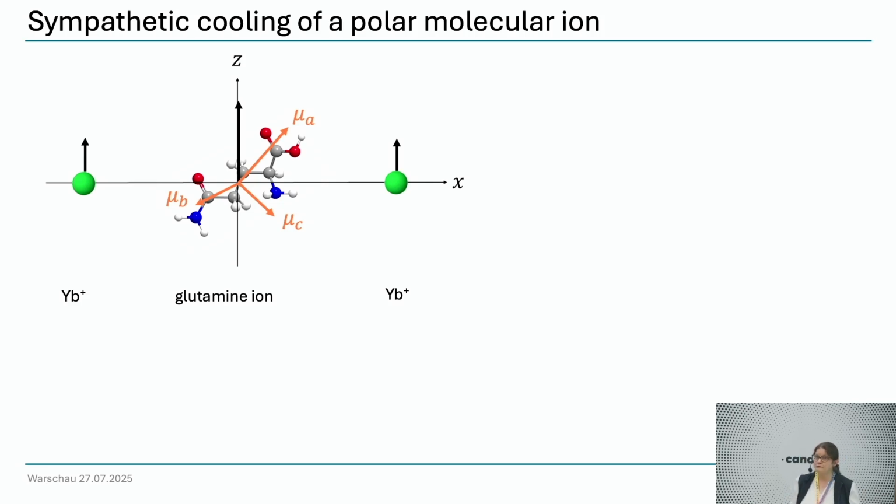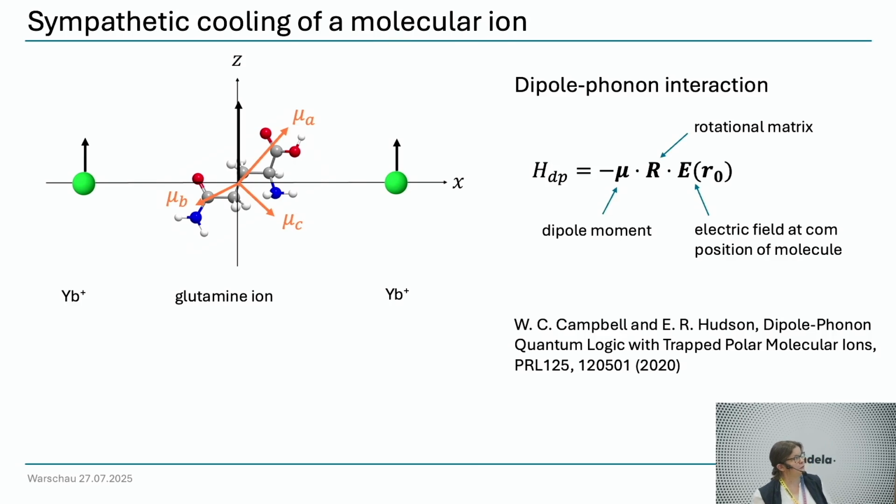There is a dipole interaction between the molecular dipole moment and the electric field of the trap. And this dipole interaction depends on the orientation of the dipole moment, that is, on the orientation of the molecule with respect to the electric field. And the molecule also sees different field strengths depending on where in the trap it oscillates.